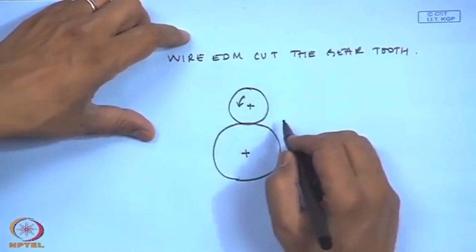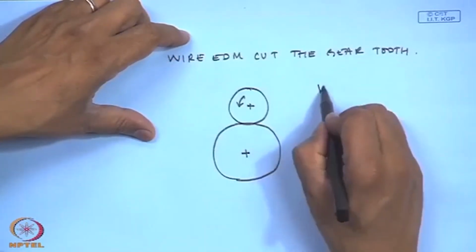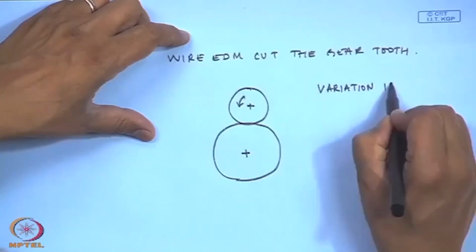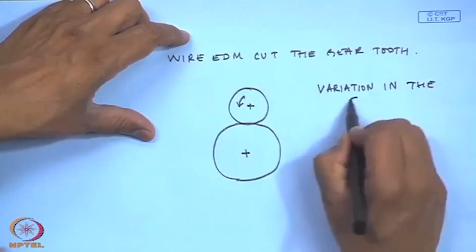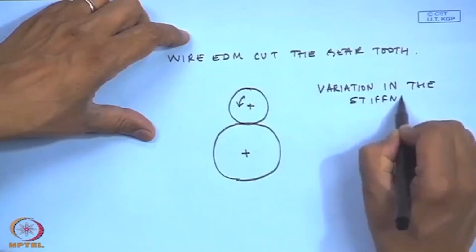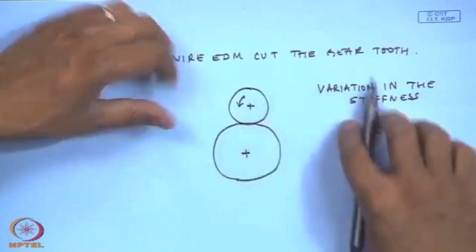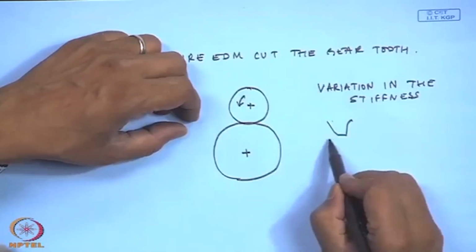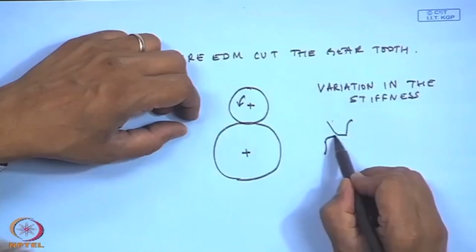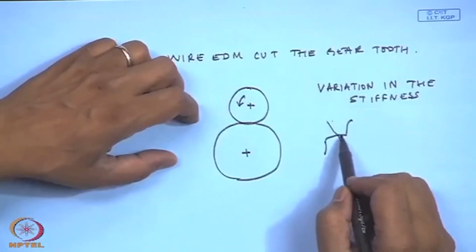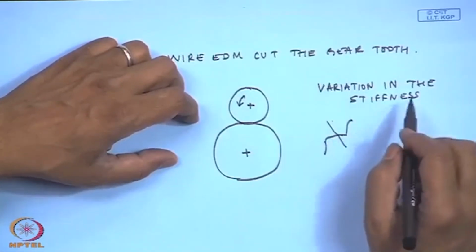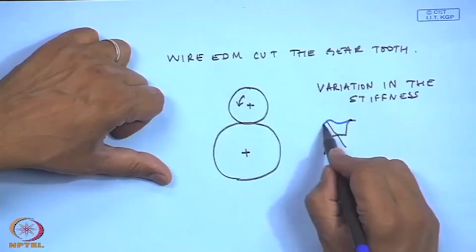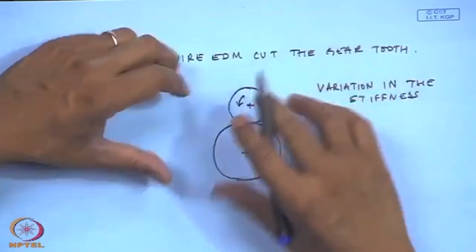there is always a variation in the stiffness. By stiffness I mean, you can imagine, one tooth making contact with the tooth it would have left, and then the other tooth will come up. But imagine if suddenly one of them is absent. So, what is going to happen?